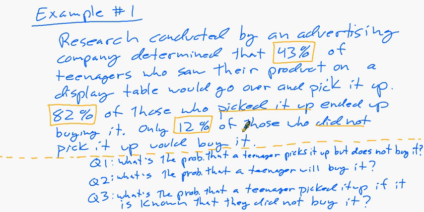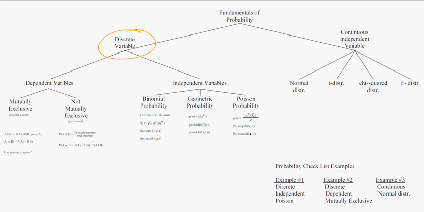Are those dependent or independent? That's the real question. And phrasing it that way, I'm hoping that you see that, in fact, it does depend. The chance that they buy it goes up if they pick it up. Or I might be getting ahead of myself a little bit. At least it depends on it. We'll see if it goes up or not when we get into the details.